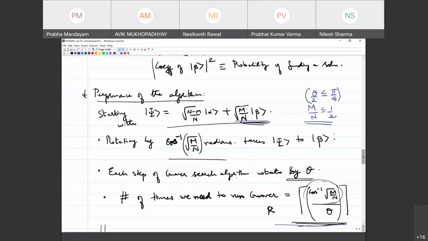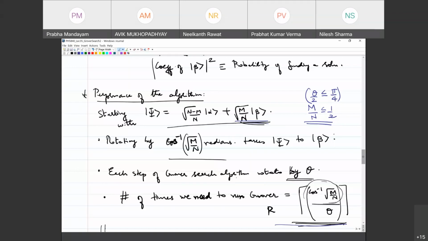What do you mean? I have some arbitrary n-bit string and then you're doing Hadamard tensor n? No, I am not doing Hadamard tensor n. I'm just giving the single string, like we are checking whether a single string is a solution or not. So in that case, it will collapse to either alpha or beta. It will belong to either alpha or beta.